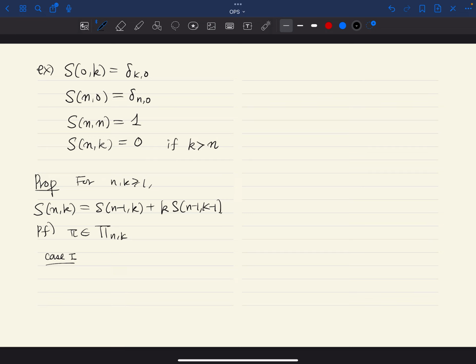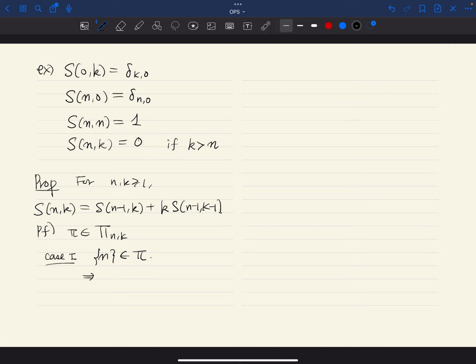Just look at n, the largest integer n, and see what role it plays. So suppose n is a singleton. If n is a singleton, then just ignore n. Then you have n minus 1 integers with k minus 1 blocks.